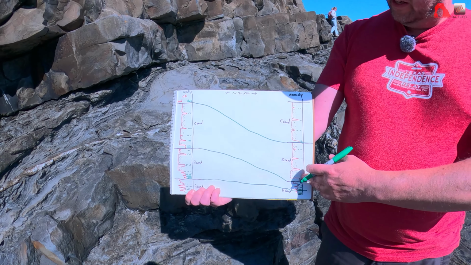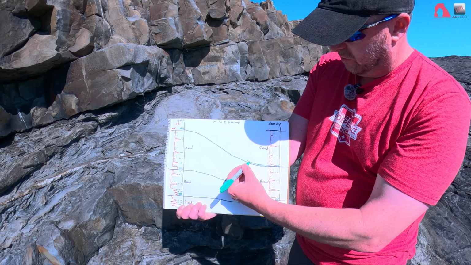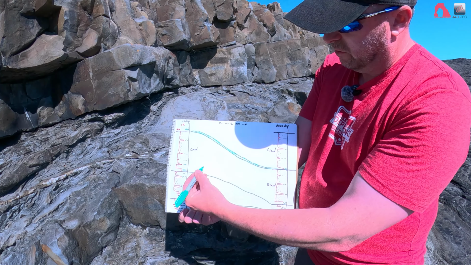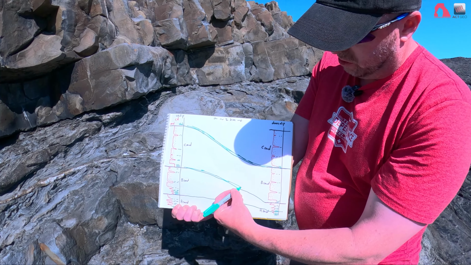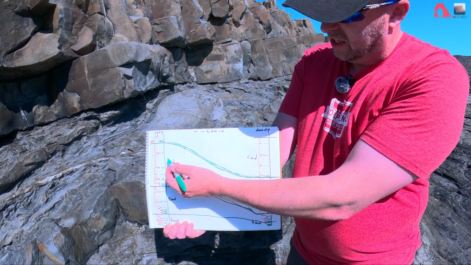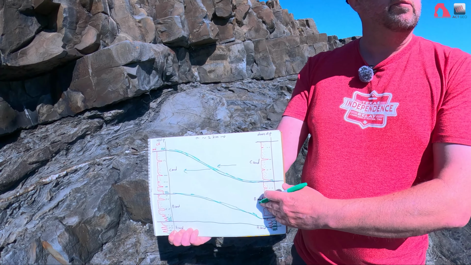Why does this matter? Well, as we know, each of these genetic units has got some mud associated with it before it starts prograding. So if you had drilled this well and say, well, this is my best sand and I've got that other sand here, and you expect communication across that, you may actually be surprised.